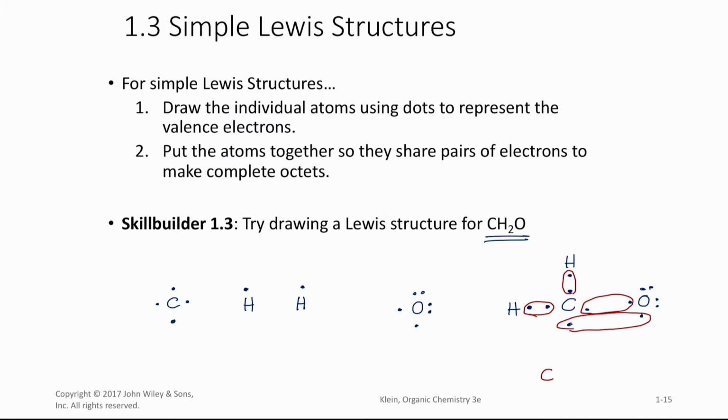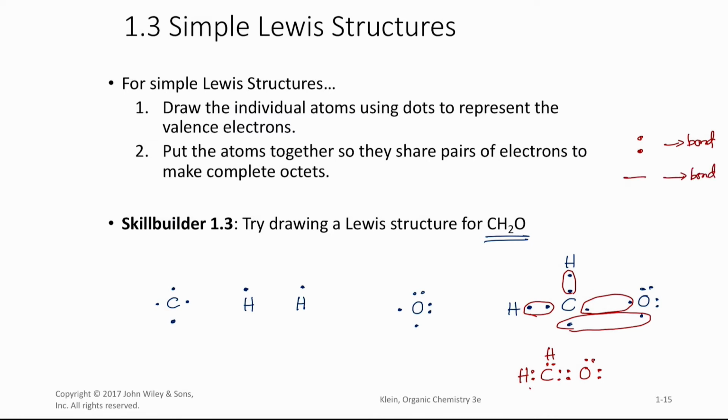You have carbon, hydrogen, hydrogen with each pair around it, and there are 2 pairs of electrons between oxygen and carbon. So you can draw electrons or you can draw a single line. This represents a bond, or you can replace it with a small dash that also represents a bond.